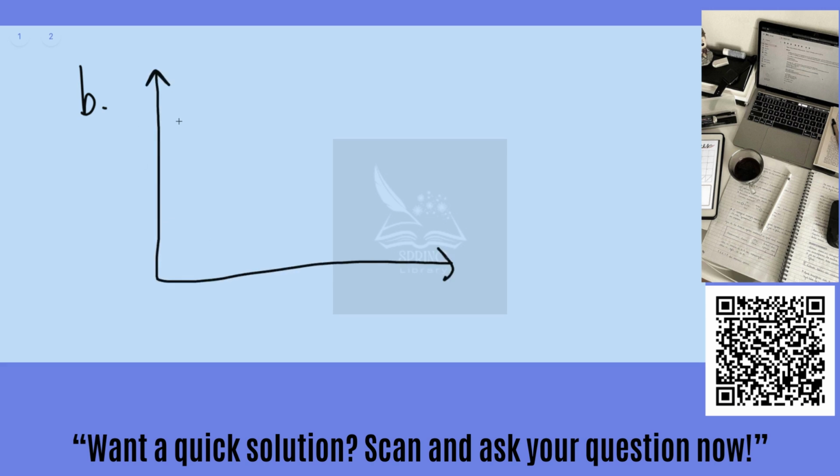And we'll have voltage in volts, rather, I apologize. This will be current in milliamps. This will be our Y, and then our x-axis will be the voltage in volts.